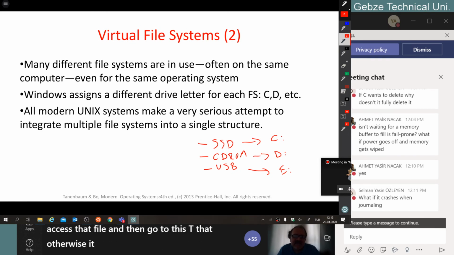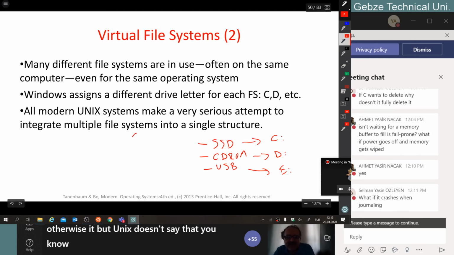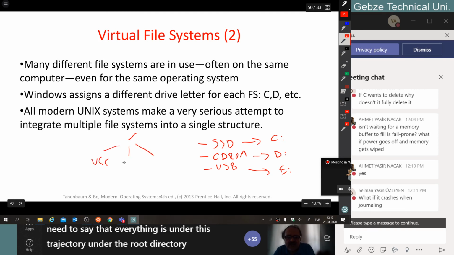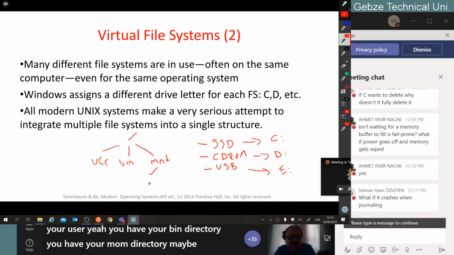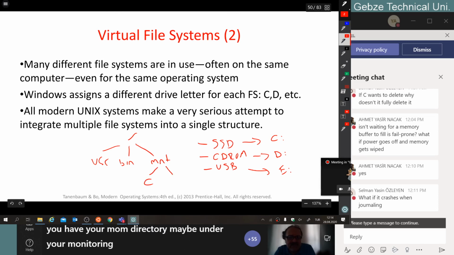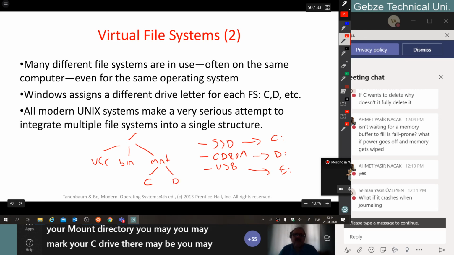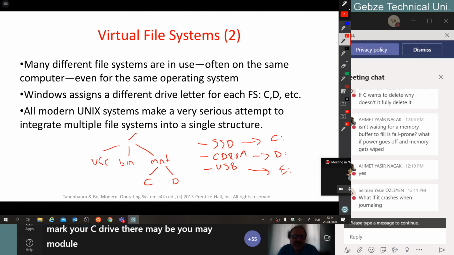Unix says that everything is under this root directory. Under the root directory, you have your user directory, your bin directory, your mount directory. Maybe under your mount directory, you may mount your C drive there. Maybe you may mount your D drive there, but everything is under the same root.